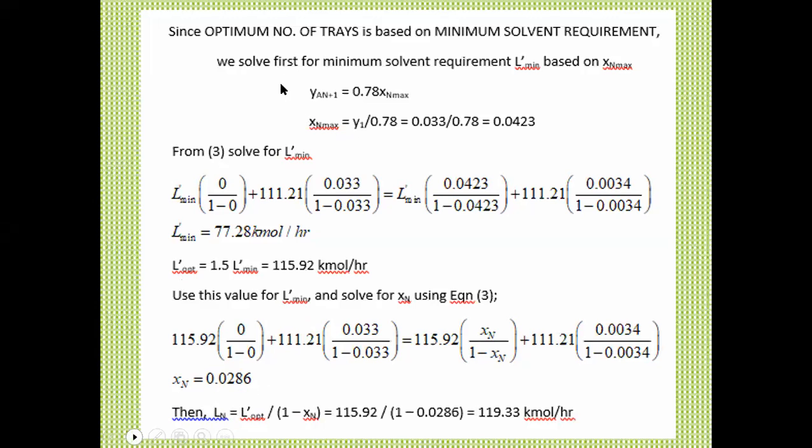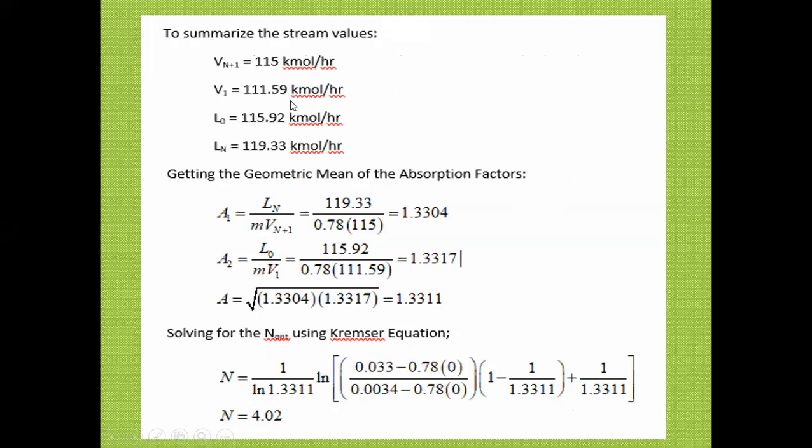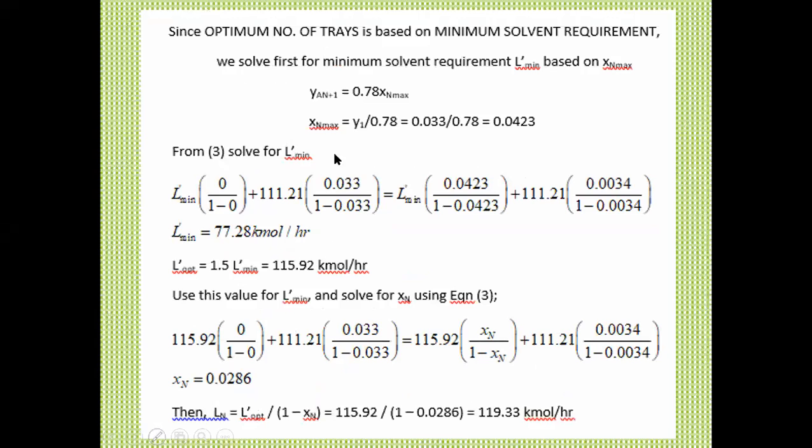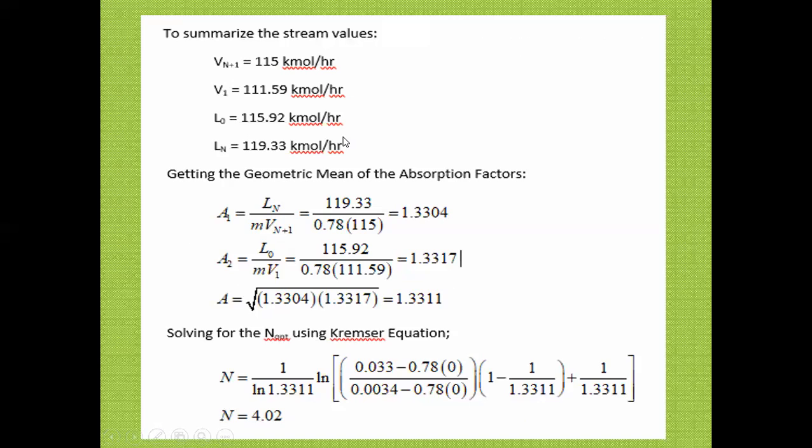So the V that was processed is 115, and the V1 was solved based on what was processed. And this LO is the L prime optimum, this one. And your Ln is the solvent that left your column carrying with it the ethyl alcohol already.